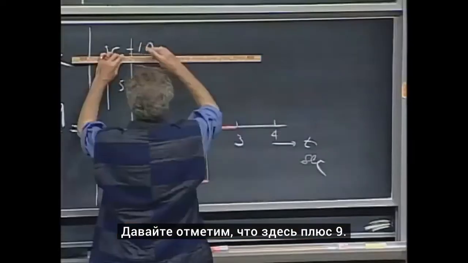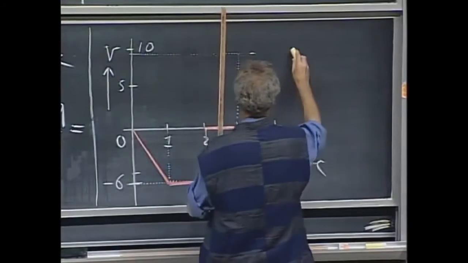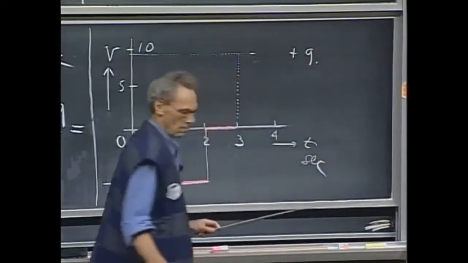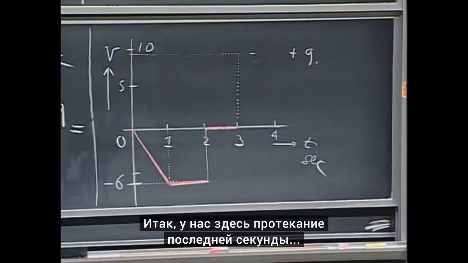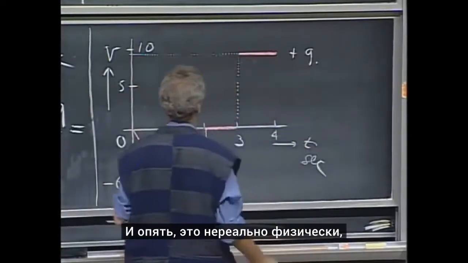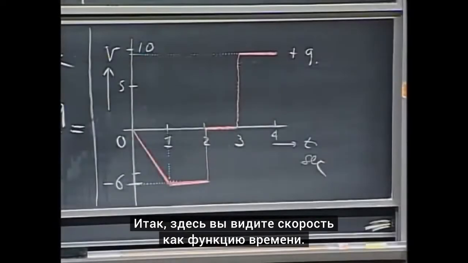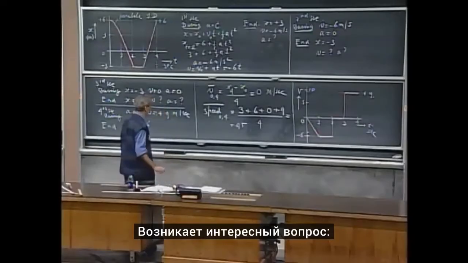Let's make this +9. And so we have here, during the last second, and again, this is non-physical, so there has to be somehow a transition. And so here you see the velocity as a function of time. Now comes an interesting question.